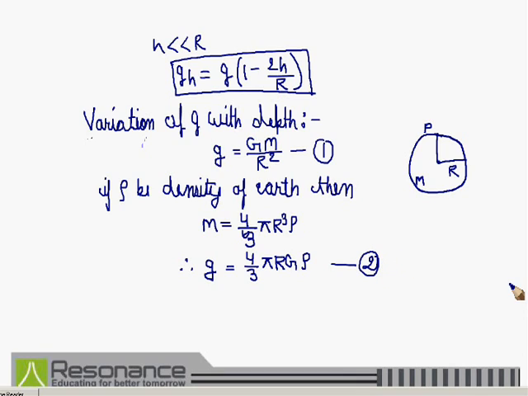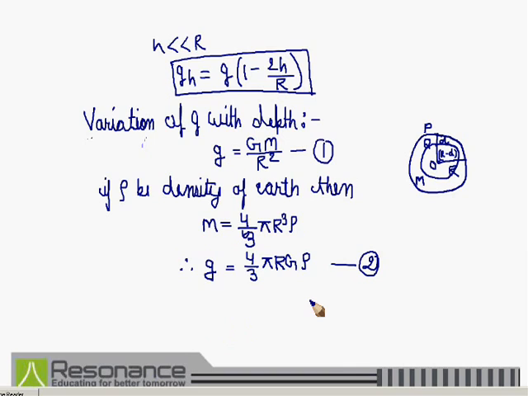Equation number 2. Let any point Q be inside the Earth at the depth d below the surface of Earth. Its distance from the center is R minus d. Now, a circle is drawn with center O and radius R minus d.